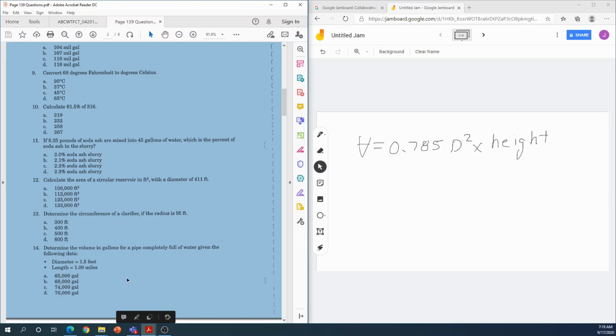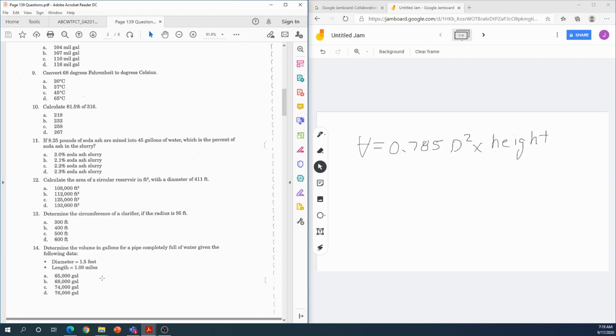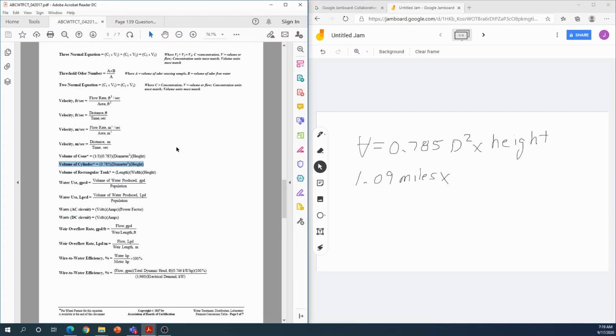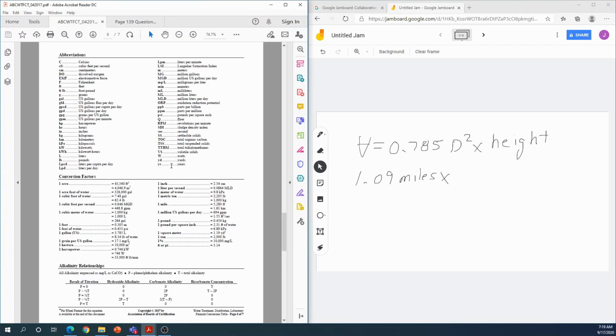So the first thing we have to do is get all of our units the same. So we have feet and miles. So let's convert our length of miles into feet to begin with. So we have 1.09 miles. Let's look at our conversion factors. We know 1 mile is equal to 5,280 feet.